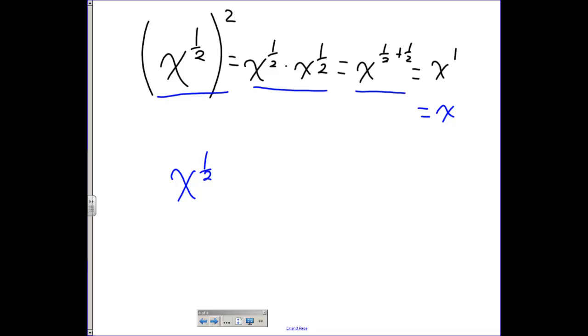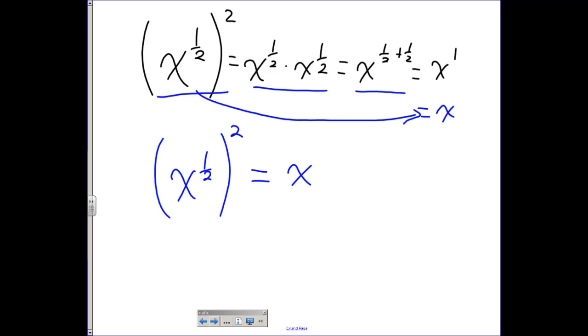All right, so let's go back to x to the 1/2 power. How do we know that that means a square root or a root of some sort? Remember, we have something that was raised to the second power, and using the property up here, we can say that x to the 1/2 power squared is actually equal to x. Remember, there's a power of 1 on that. And what we want to do then is find out what x to the 1/2 is. So get rid of that 2 on the outside.